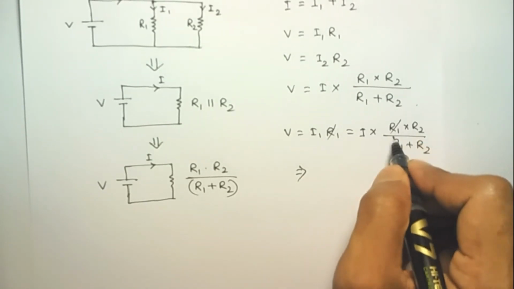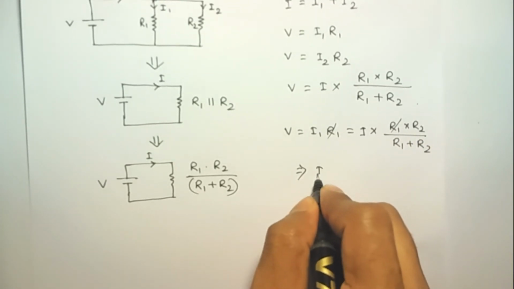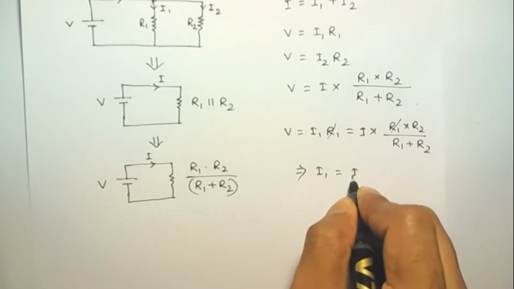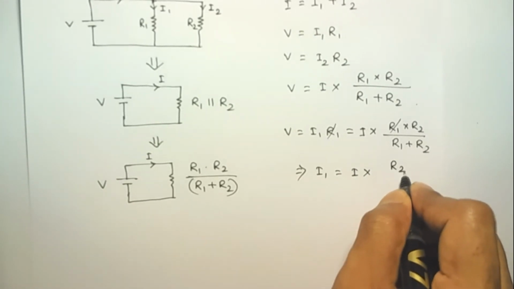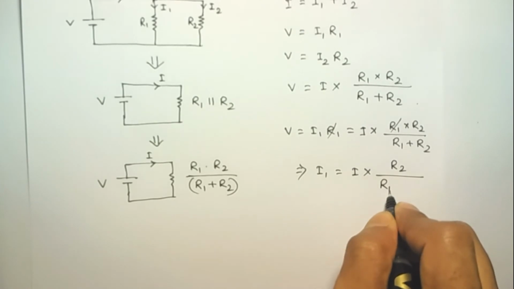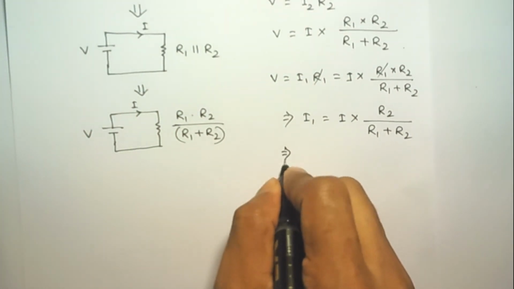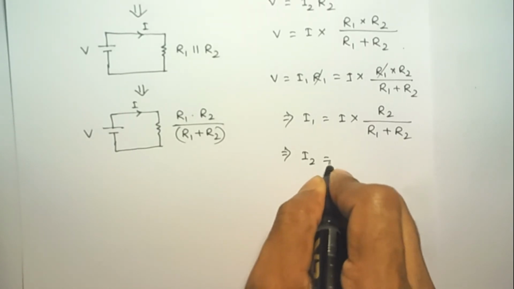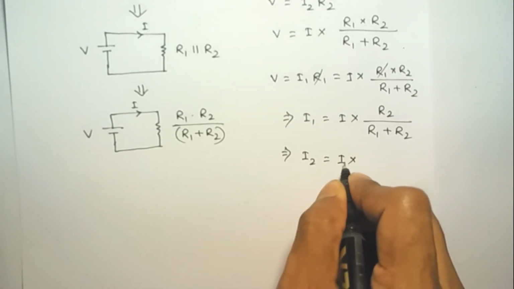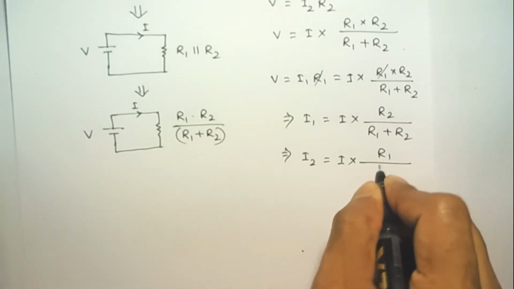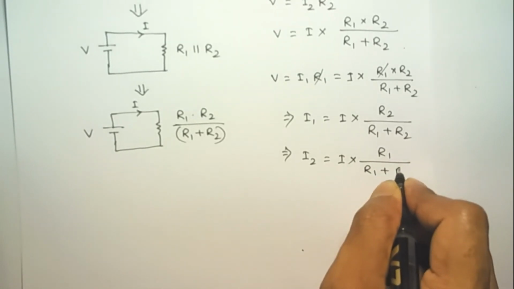So R1 cancels out. So I1 equals I into R2 divided by R1 plus R2. Similarly, we can calculate I2 equals I into R1 divided by R1 plus R2.